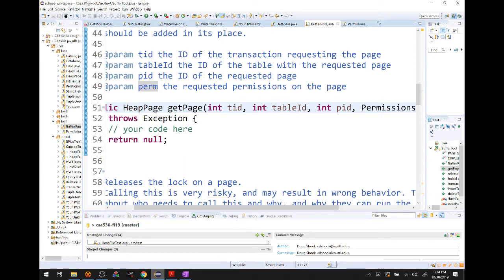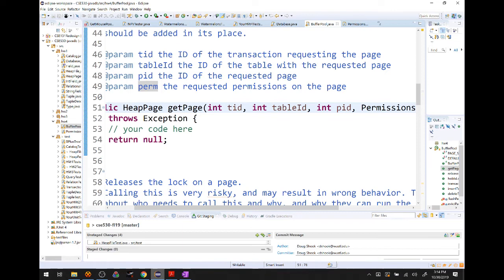And so one of the first things that you're going to have to do is decide on a structure to track what locks currently exist. What locks are currently outstanding in the database. Who has what? So think about what information you'll need to track, and be aware that the information you need to track is going to be different for read locks versus write locks, correct?